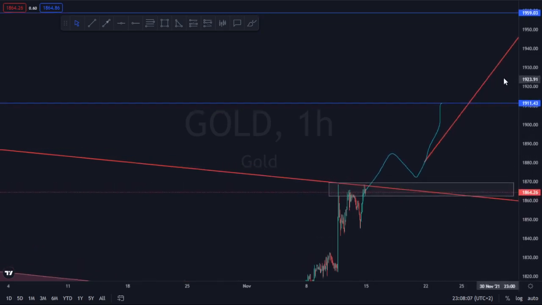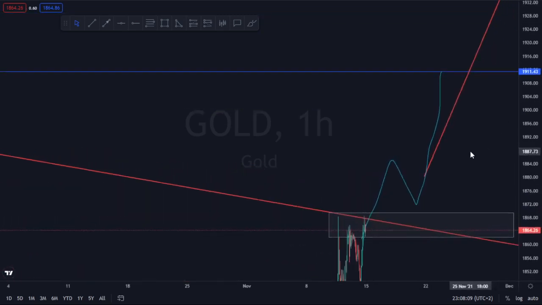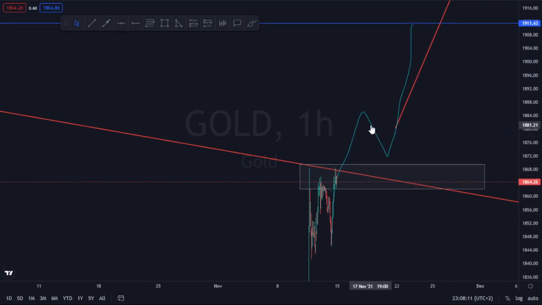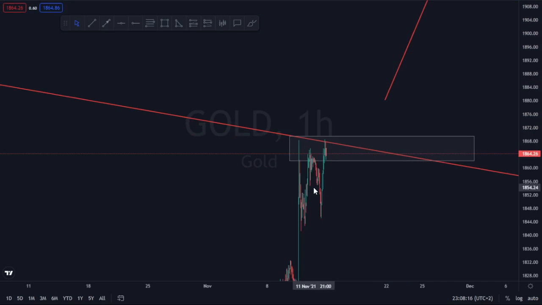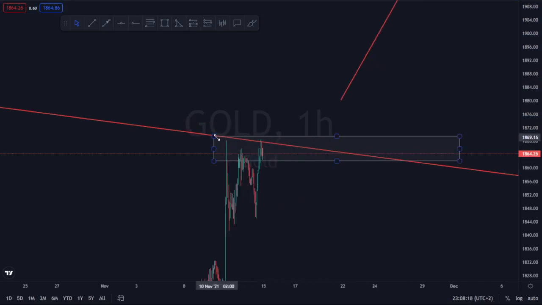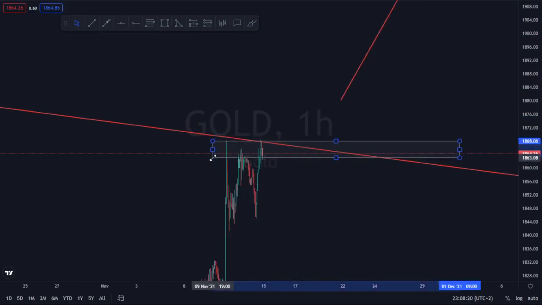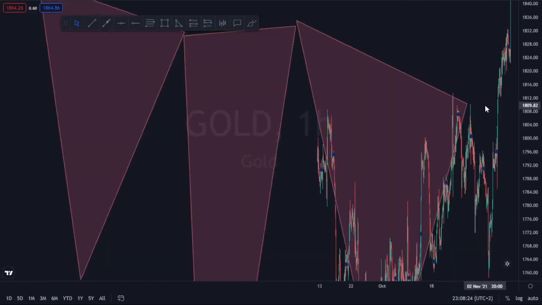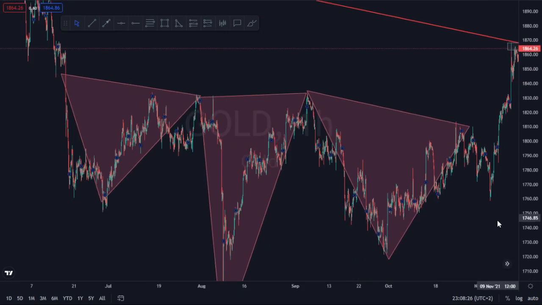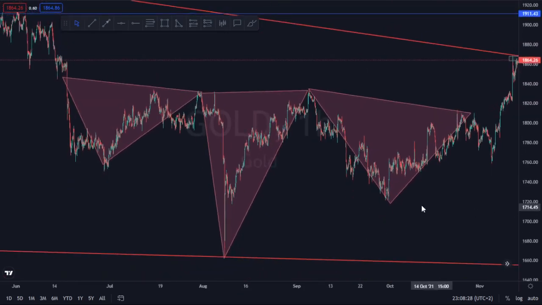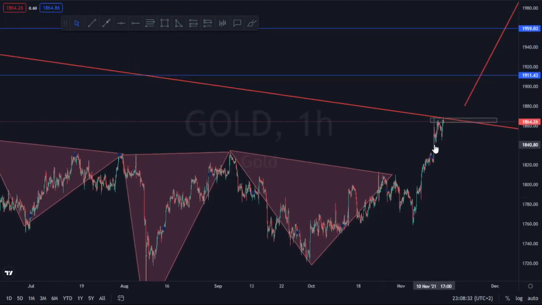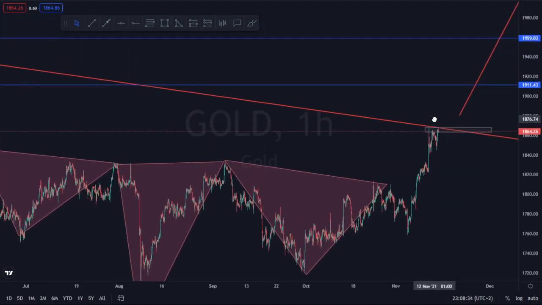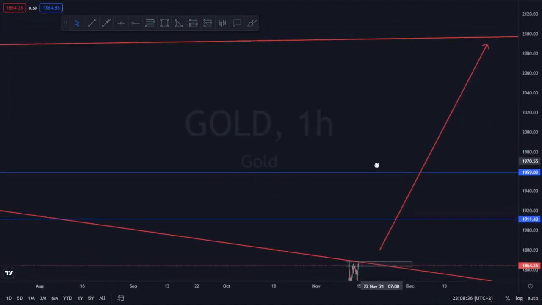So those are my zones there. Let me draw this. So yeah, guys, if price breaks out, remember price gave us a reversal head and shoulders here, and if it breaks out, we're going to buy.